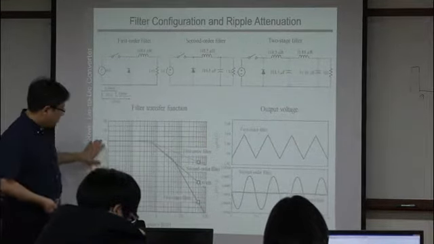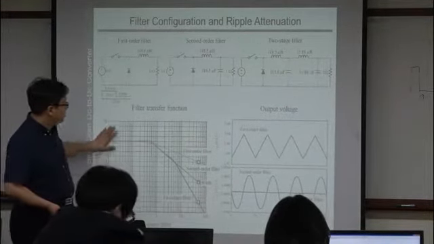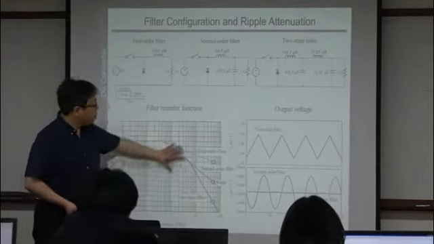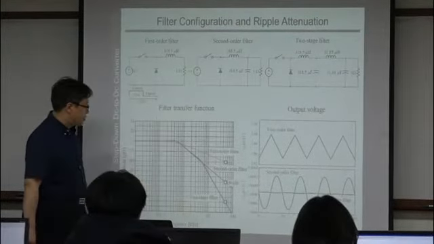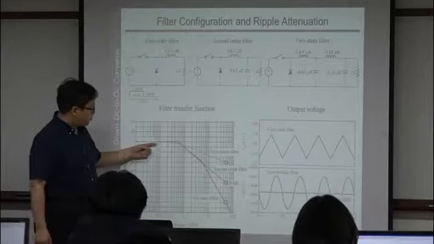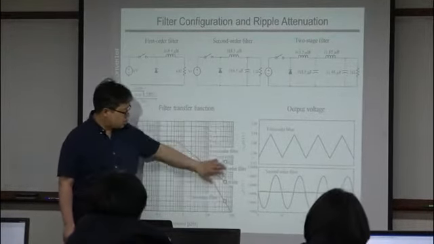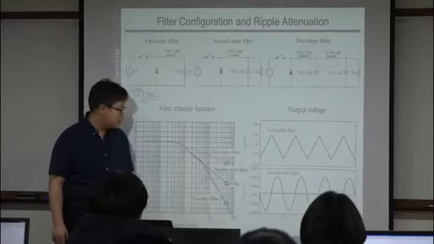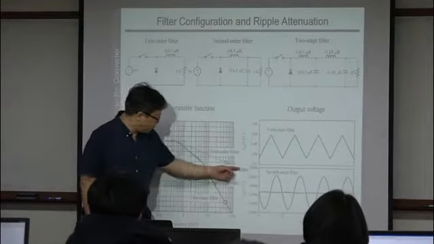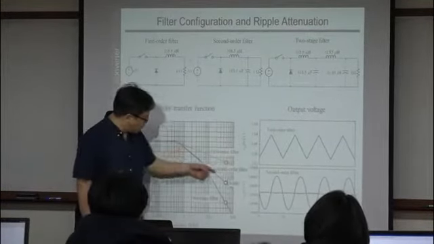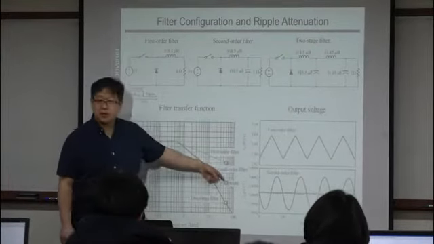So, this frequency response compares the filter transfer functions among these 3 types of filter. Here, the first order filter's high frequency attenuation performance is the worst compared to the other cases. And what about the second order filter? It is minus 40 dB per decade.